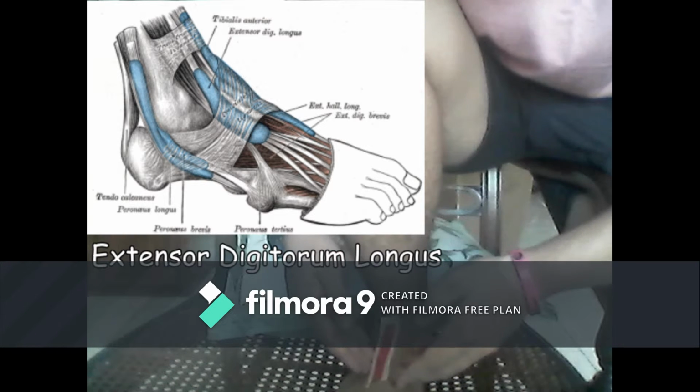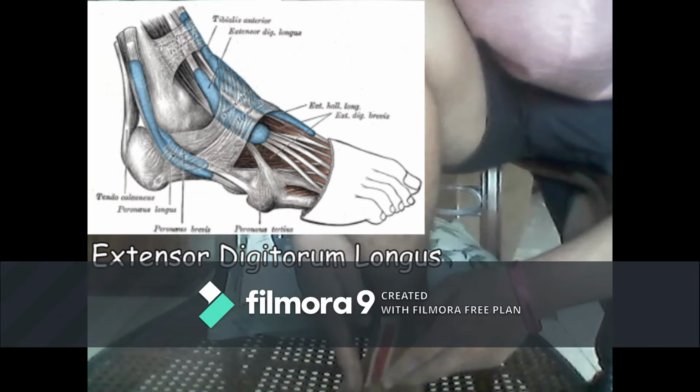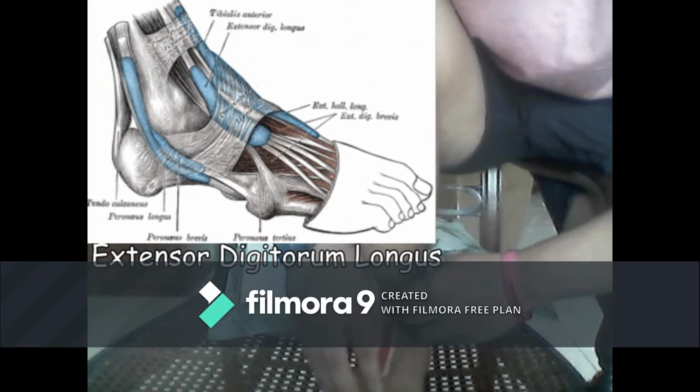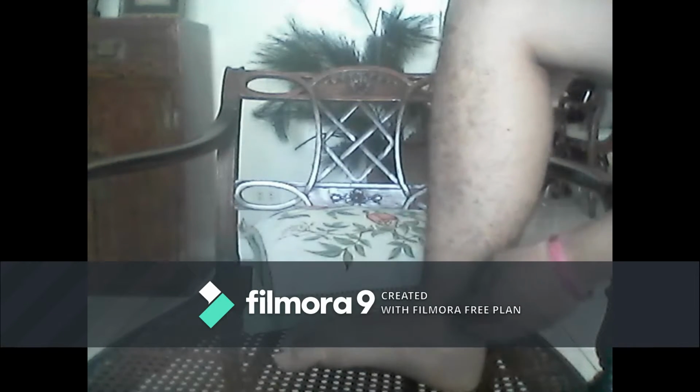So it is inserted at the dorsal surface, middle and distal phalanges of lateral 4 digits. And so the action of this is that it helps with the extension of the toes, and it helps dorsiflex the ankle.